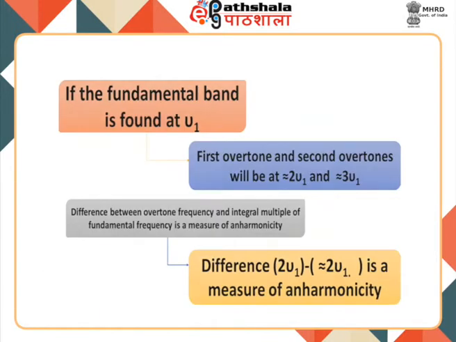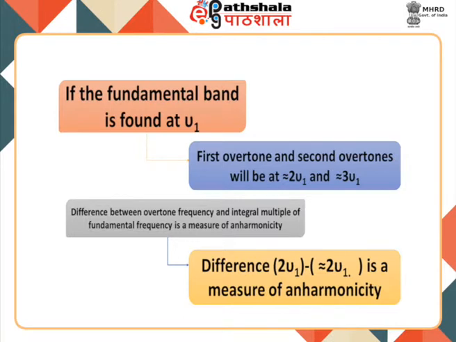If the fundamental band is found at nu1, then the first overtone and second overtone will generally be found at approximately twice nu1, approximately thrice nu1, and so on. The difference between the overtone frequency and the integral multiple of the fundamental frequency is a measure of anharmonicity.